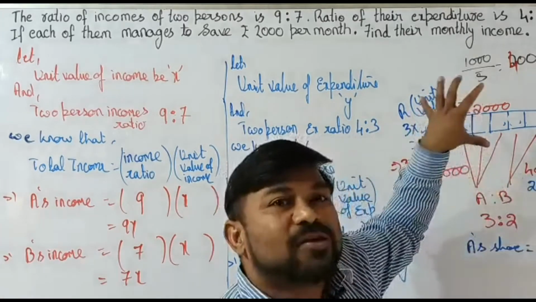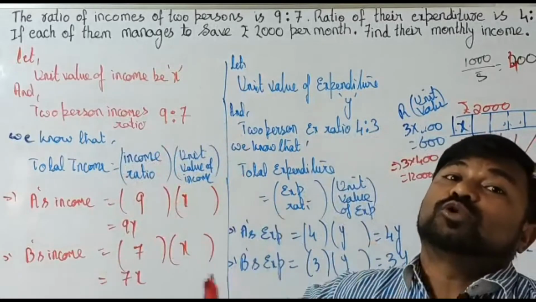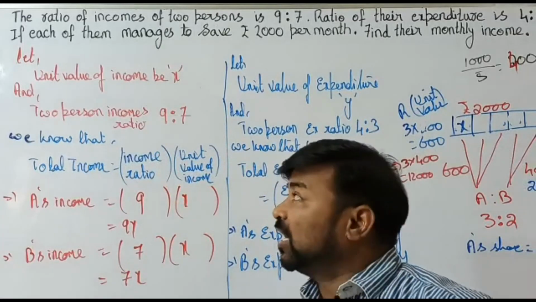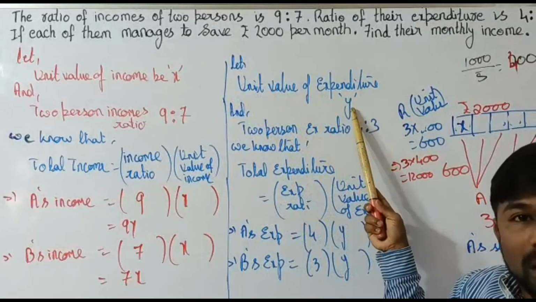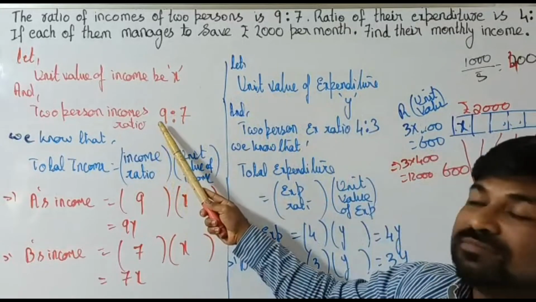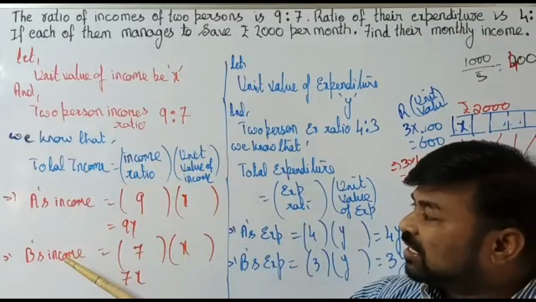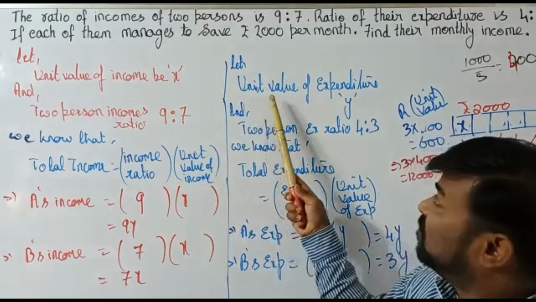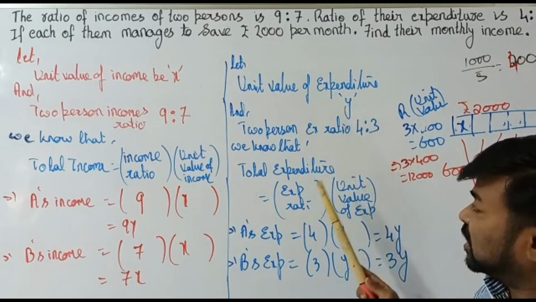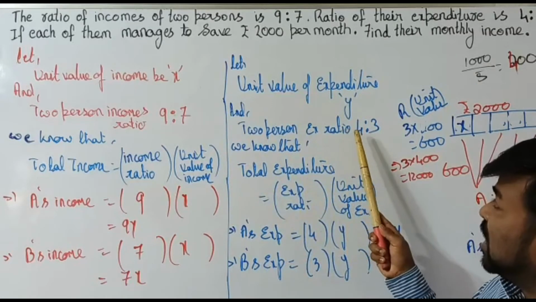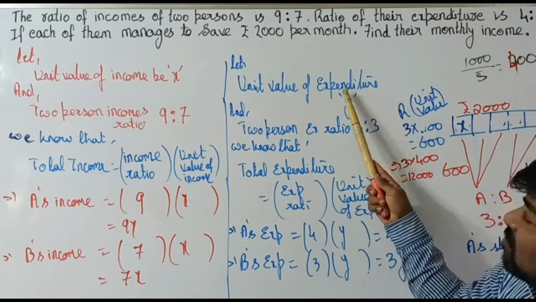I said why we should know the unit value. But here in the sum, as we don't know the unit value, we consider unit value of income as x and unit value of expenditure as y. The income ratios of the two persons are 9:7, therefore A's income is 9 times x and B's income is 7 times x. In the same way, the expenditure ratios given are 4:3, therefore A's expenditure is 4 times y and B's expenditure is 3 times y.